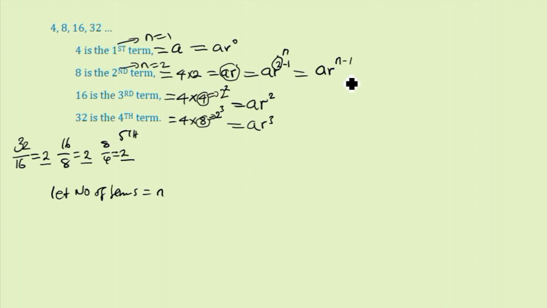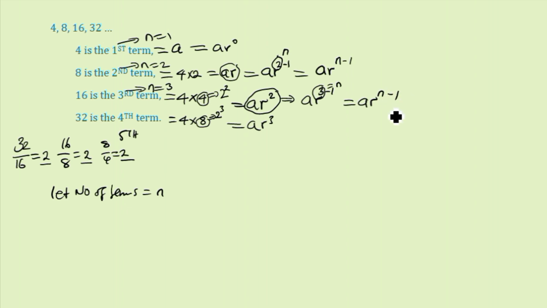This one is very evident if you go to the third term. In the third term, the number of terms is 3. And how do you get AR power 2? Or in other words, AR power 2 is the same as AR to the power 3 minus 1, where 3 is the number of terms, which is also AR power N minus 1.